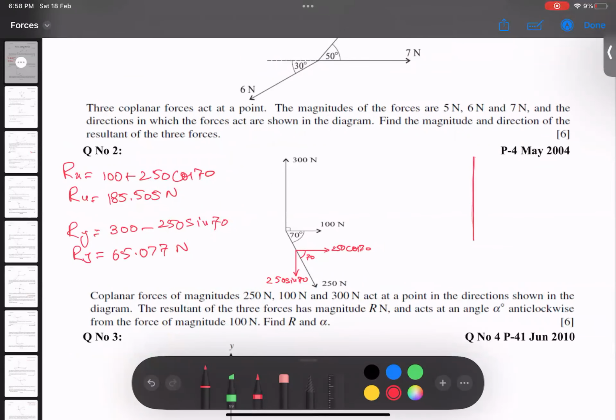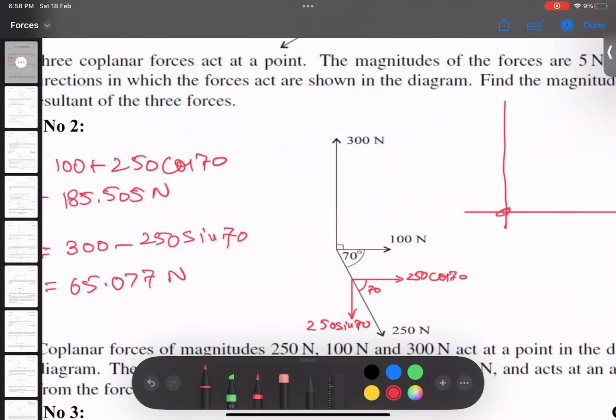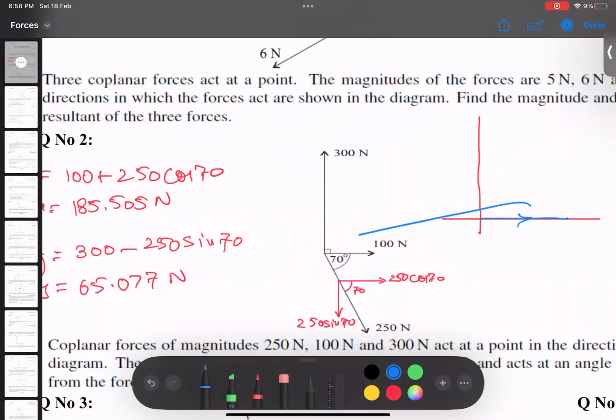Now, as I said before, after doing so, we must make a cross. This cross is not compulsory. It makes the question easier, otherwise it's not a big trouble. So let's make it now. Rx is positive, so from the origin, the center, I will go to the right side. Then Ry is positive, so again it goes upwards.